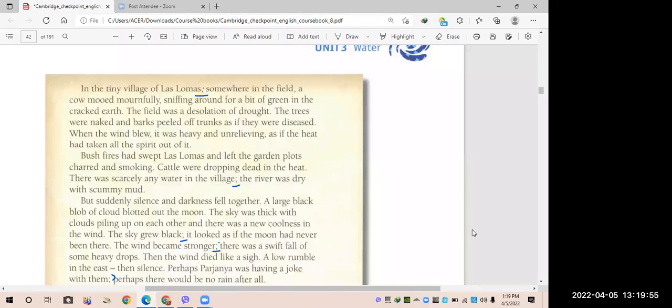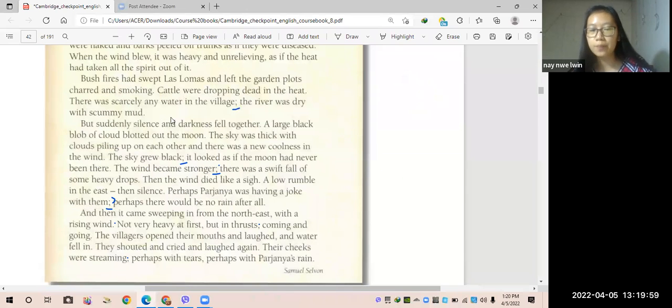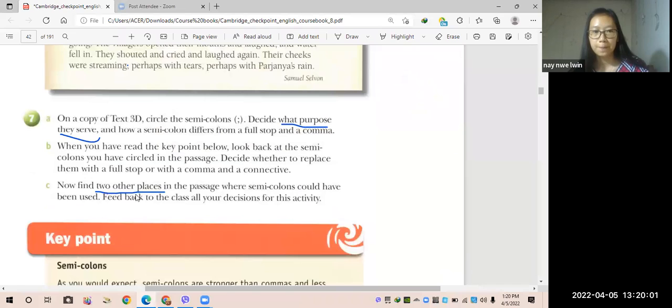No, I think. Okay. So we have found three places where we can put a semicolon. Okay, so we have finished 7A, 7B, and 7C. Do you have any questions for these questions?